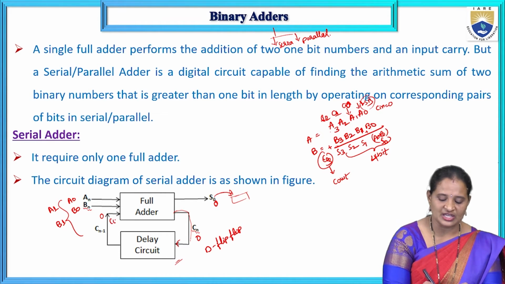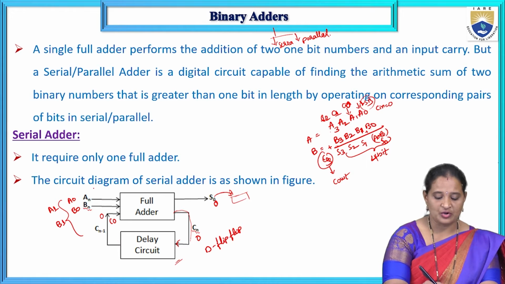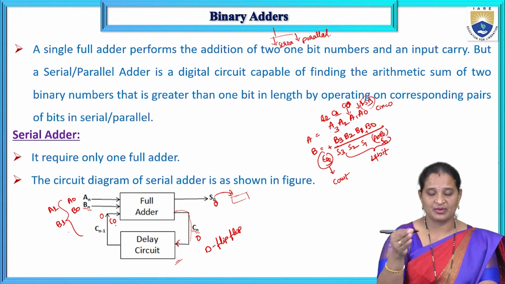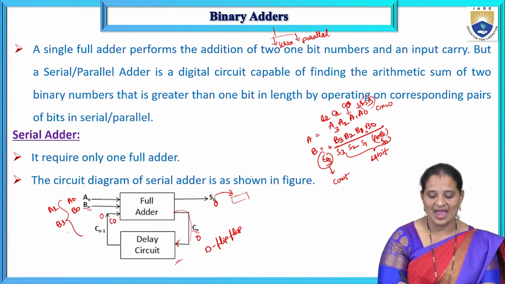That means C0 is given as input to the full adder along with A1 and B1. The full adder performs the addition of A1, B1 and the carry from the previous addition, C0, and produces the sum S1 and also the carry C1. The sum S1 is moved to the storage device and C1 is moved into the delay circuit.